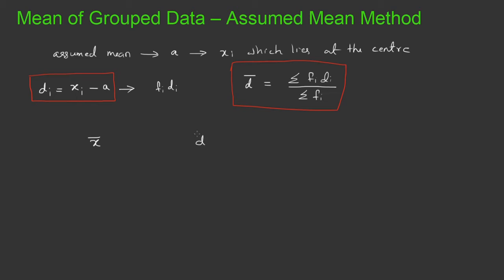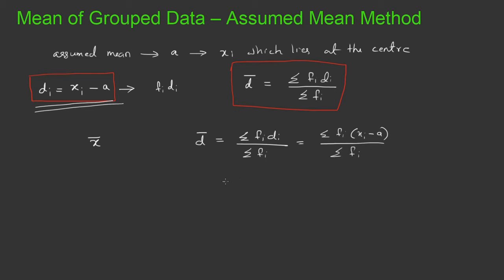We know the mean of deviations d bar is equal to sum of fi di divided by sum of fi. Also we know di is equal to xi minus A. Substituting that in this equation, we get sum of fi (xi minus A) divided by sum of fi.